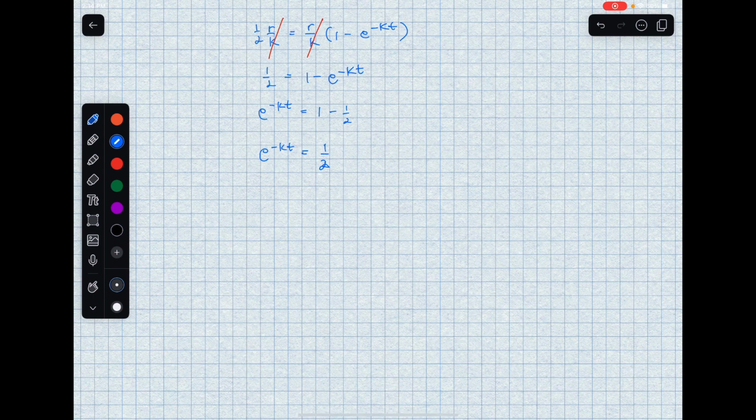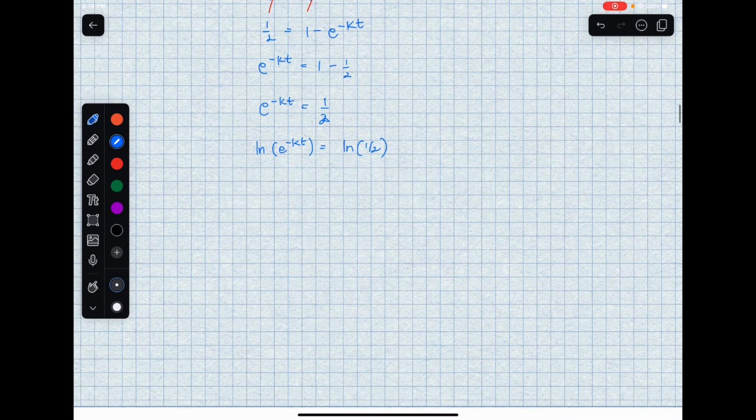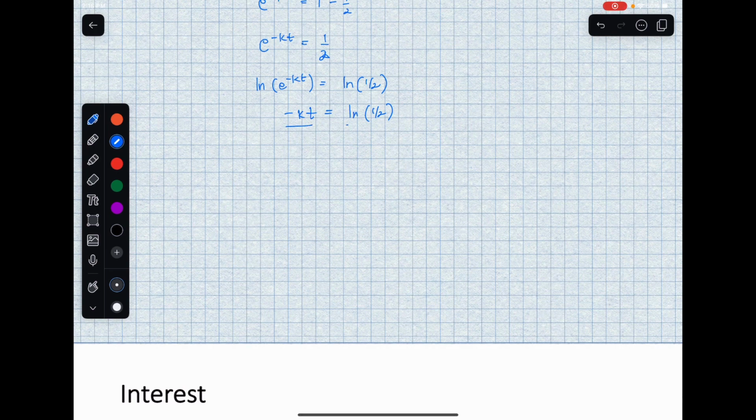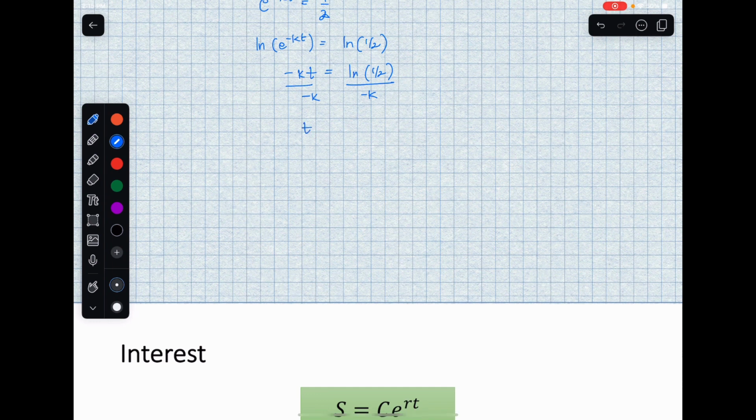And then I'll take the natural logarithm of both sides. So that would give us negative kt. And next, to find the time, we divide both sides by negative k, and that would become t equals negative ln of 1/2 over k.